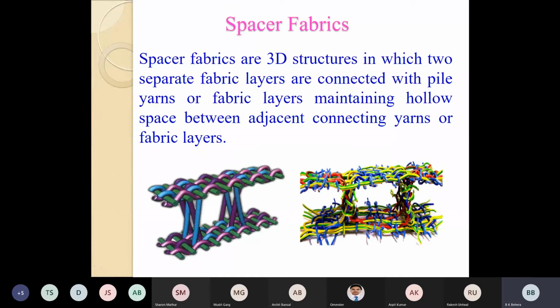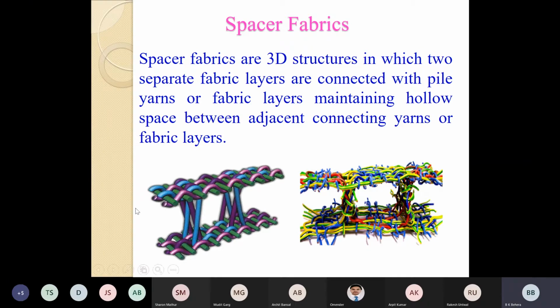Now let us see what exactly the spacer fabric is. So this is the definition of spacer fabric. Spacer fabrics are 3D structures in which two separate fabric layers are connected with pile yarns or fabrics.